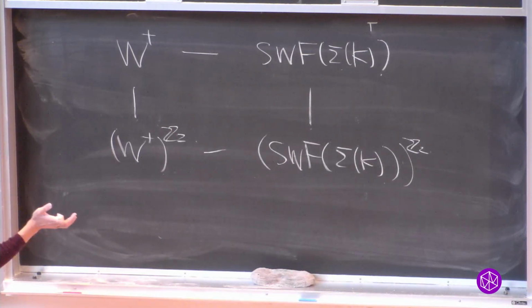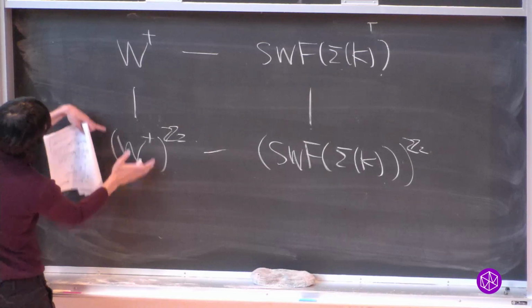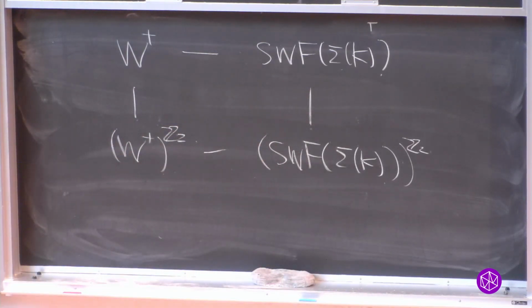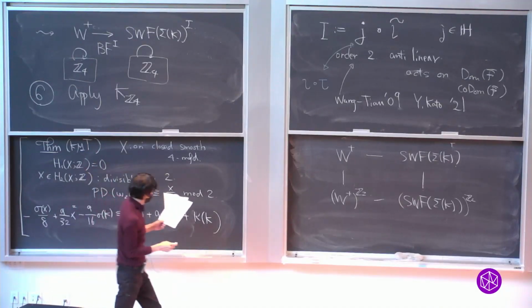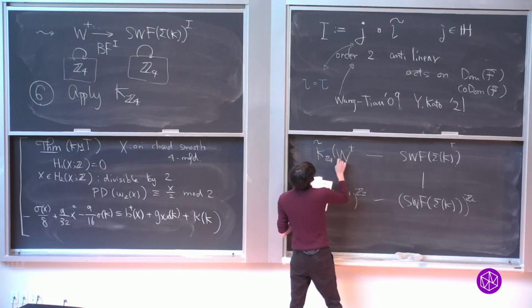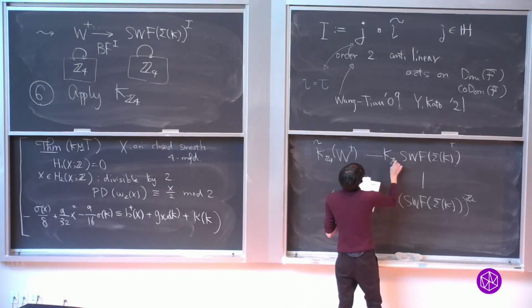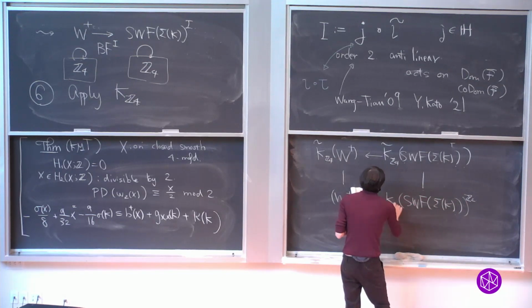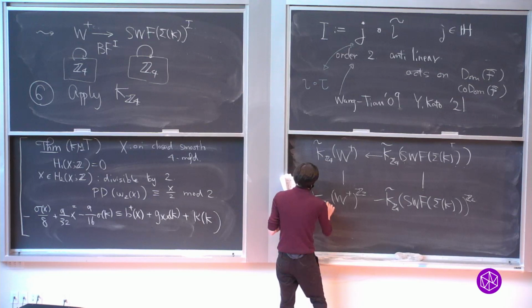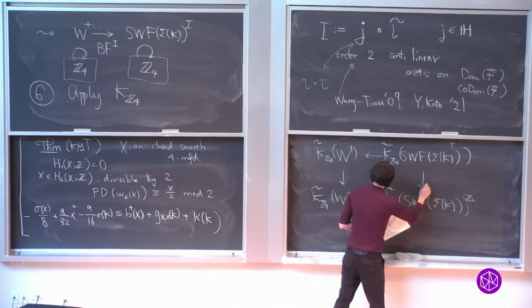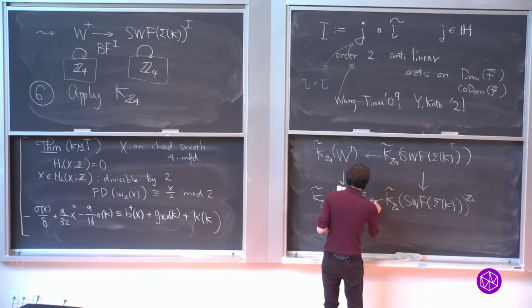So we have inclusions from here to here and here to here, and let's apply the contravariant functor, this guy. Okay, so we have this diagram and the maps like this.